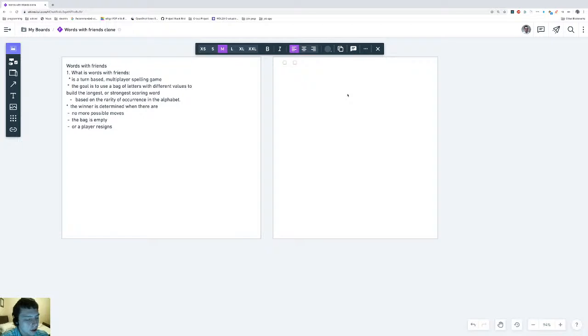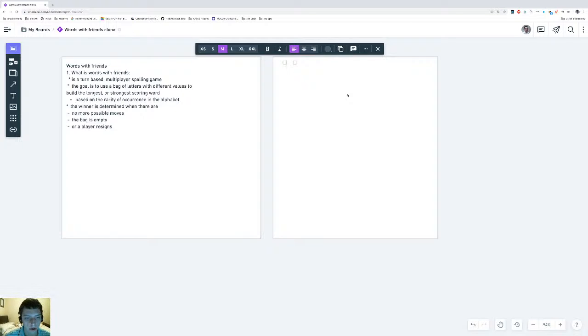Now that we've defined a really generic idea of what it is, we need to identify what kind of things we would need to implement our minimum. We would start with single player. We would get the word game to work by itself. Then I would implement the syncing of players. No point in working on a multiplayer game if it doesn't sync.